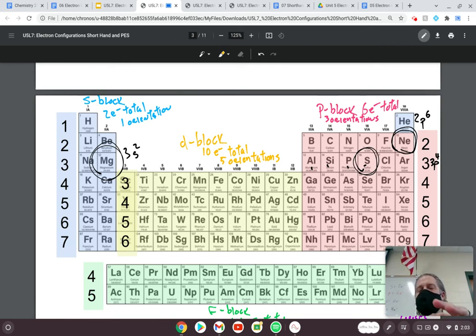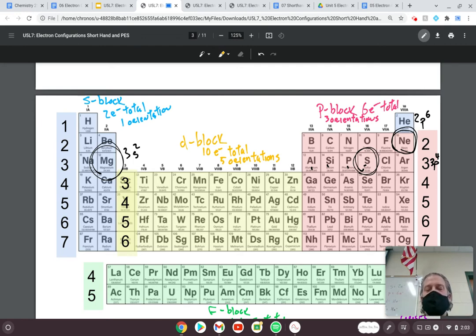But if I want to make this a little bit faster or less to write, there's a noble gas that comes numerically before sulfur on the periodic table, and that one happens to be neon. Another way to look at it is which noble gas is in the row above the element you're trying to write the electron configuration for.